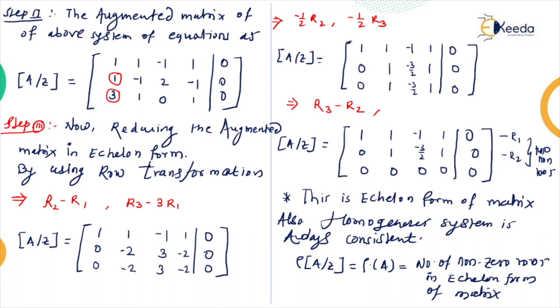Now let me do the next step about the rank. The rank of matrix A, which is the rank of the augmented matrix, equals the number of non-zero rows, which is 2. But here 2 is less than n, where n is the number of unknowns.